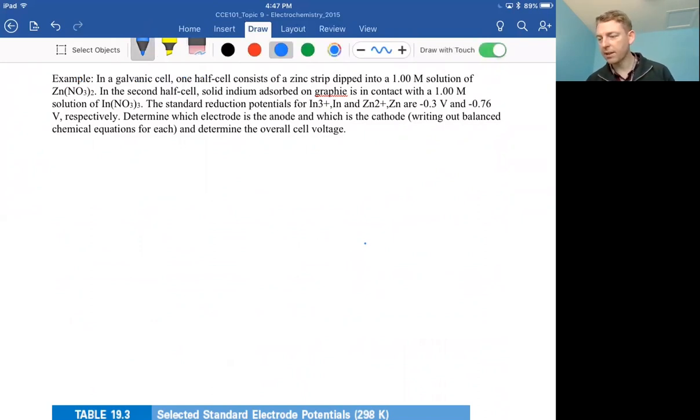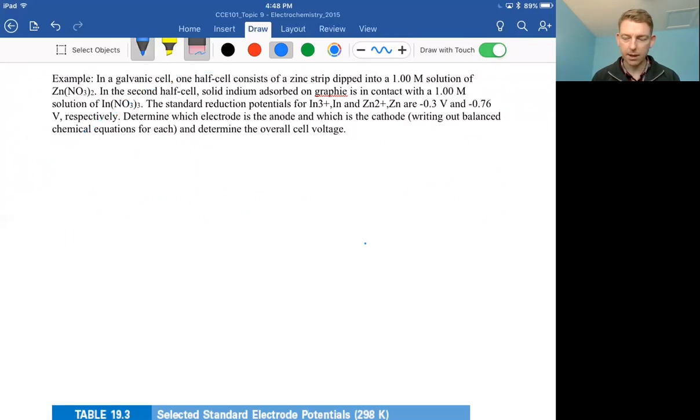Looking at a galvanic cell, the first half cell is a zinc strip dipped into a 1 molar solution of zinc nitrate, and the second half cell is solid indium absorbed on graphite in contact with a 1 molar solution of indium nitrate.